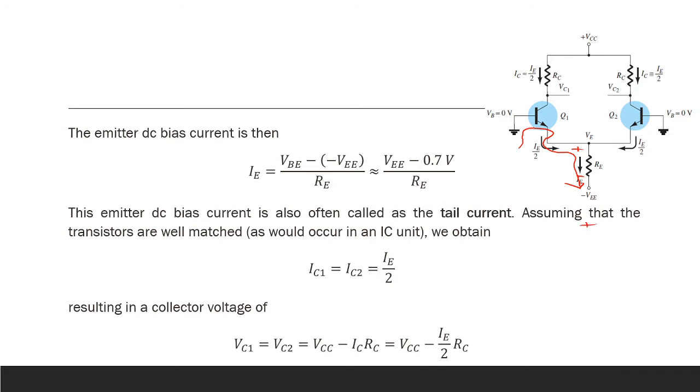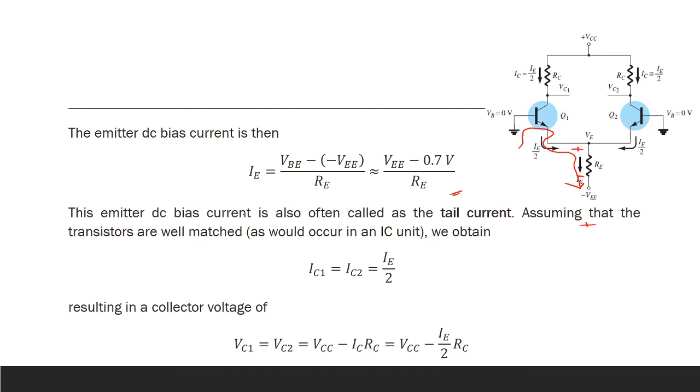So, ang loop natin dito is negative VBE plus IE RE plus VEE. Now, if we simplify natin yon, we will have IE is equal to negative VBE minus negative VEE over RE, which is VEE minus 0.7 volts over RE. Now, this is our IE.